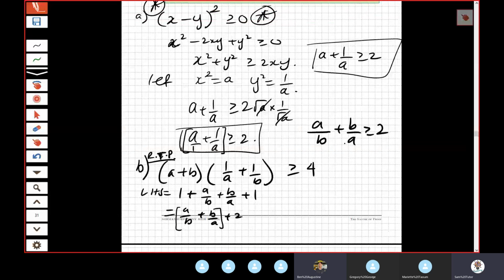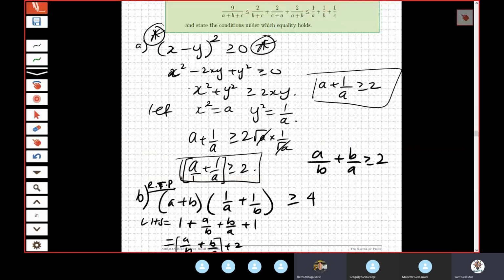What you guys have got to keep remembering is that the first bit here is super important, and you can get a lot of results from just this. So if I said let x² equal a/b, let y² equal b/a, you'll end up with this result. Or just from this result itself, because that's 1 and 1, if I let this be b and b, you'll still end up with 2.